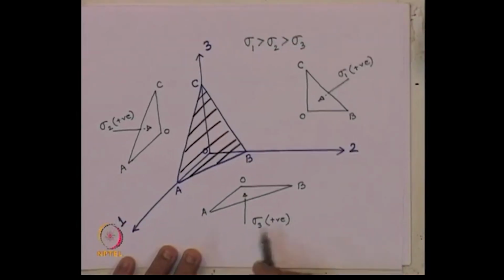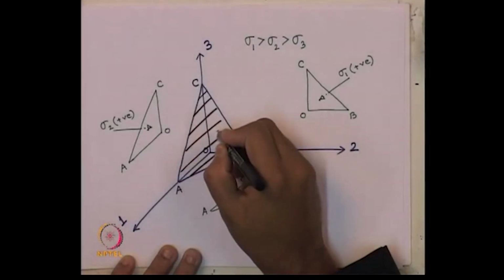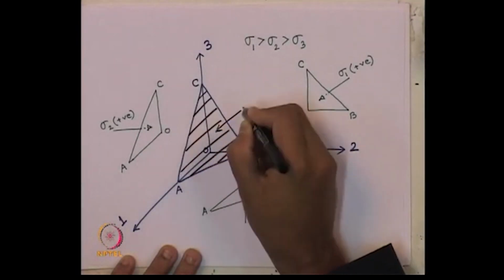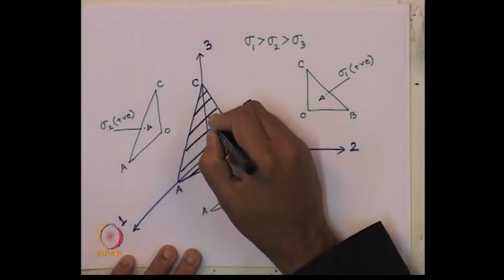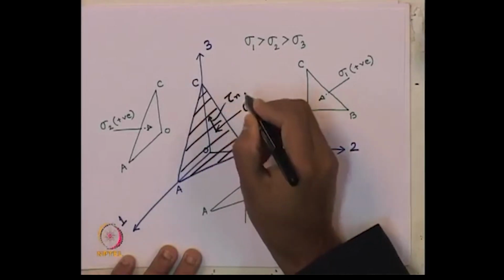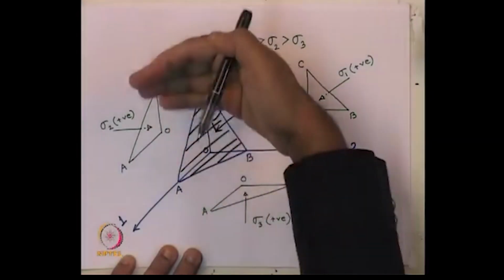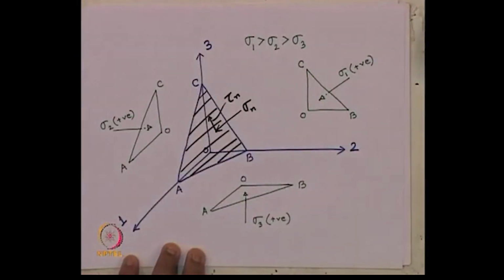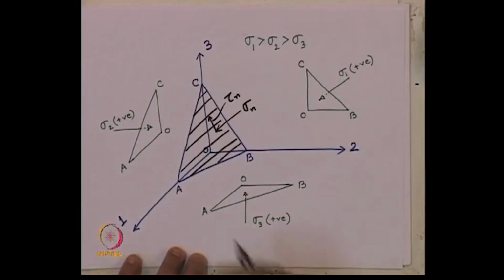On this plane, any inclined plane, I want to find out how much is normal stress, how much is shear stress. Shear stress say tau n and normal stress say sigma n, where n is the nth plane I am considering, this inclined plane.